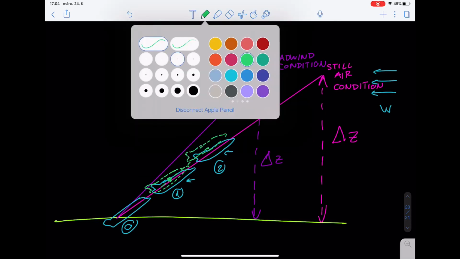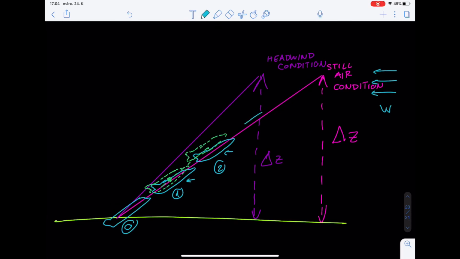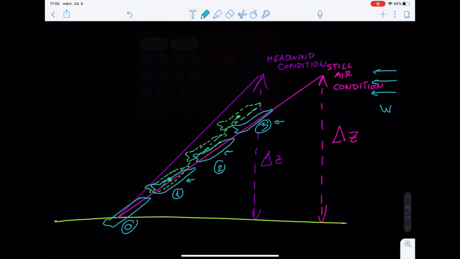And maybe at the third second the aircraft is even further ahead, and you still have the wind blowing from here, and your aircraft being blown by the wind is going to be even further away. So it's the same height, at the same altitude, but further away because it was blown back by the wind. And let's draw a couple more so that you guys see the process better.